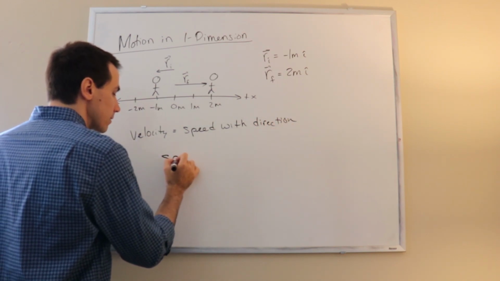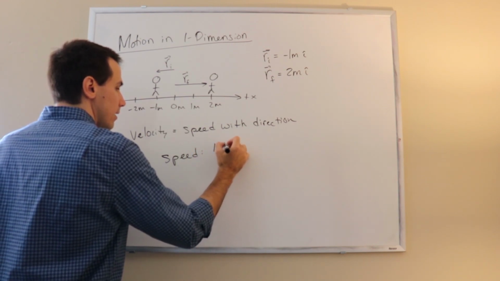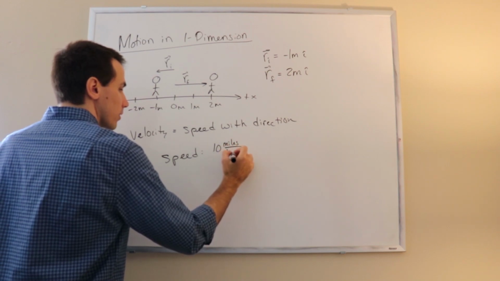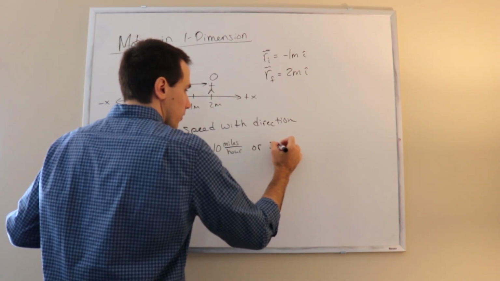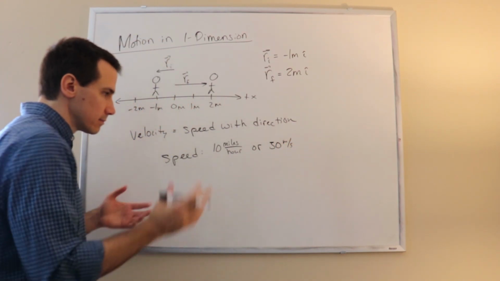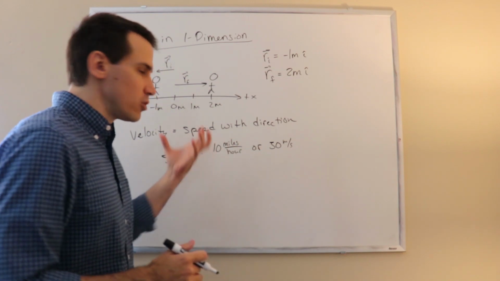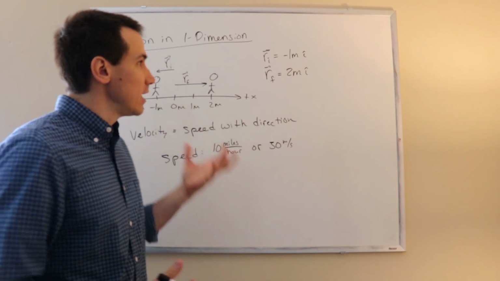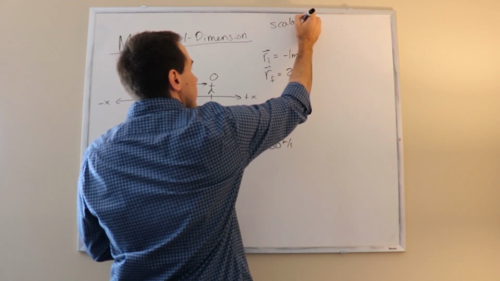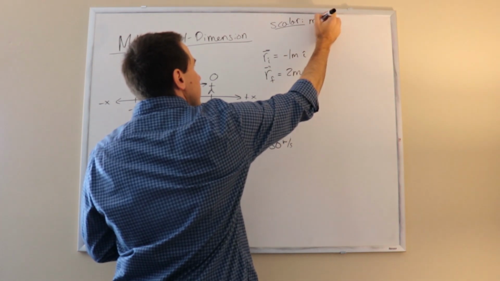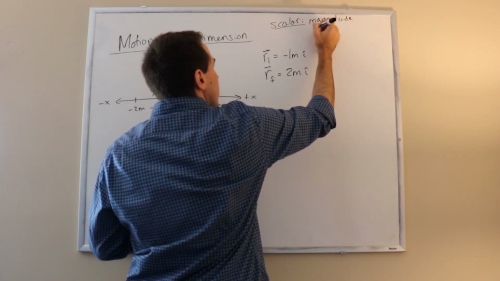So a speed, for example, could be 10 miles per hour, or 30 meters per second. Those are both fine speeds. A speed is just a number. In physics, we call just numbers scalars. They are a magnitude, but no direction.